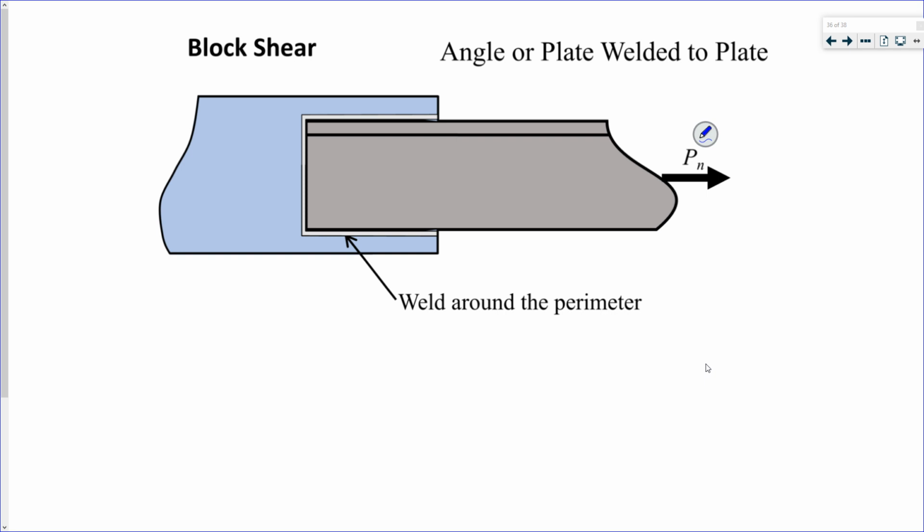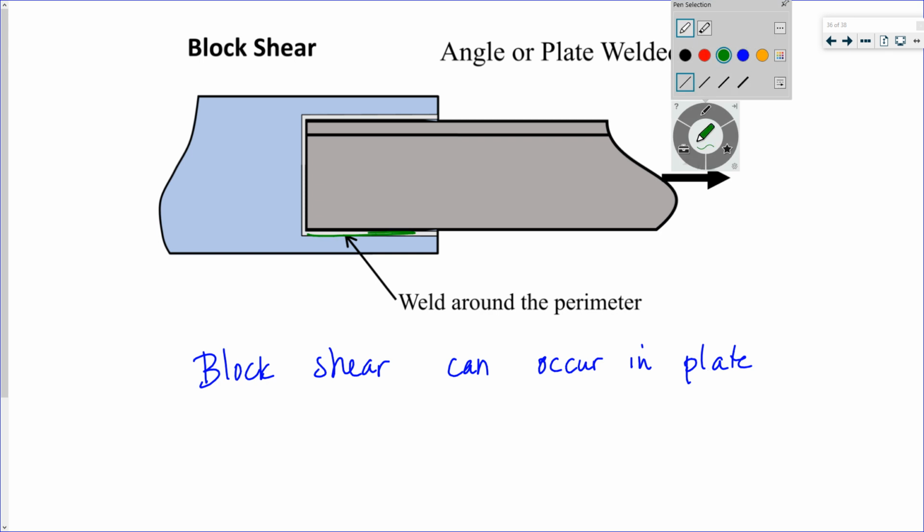But it could block shear a chunk of the plate. Right? If we're pulling it, we've got our shear and our tension.